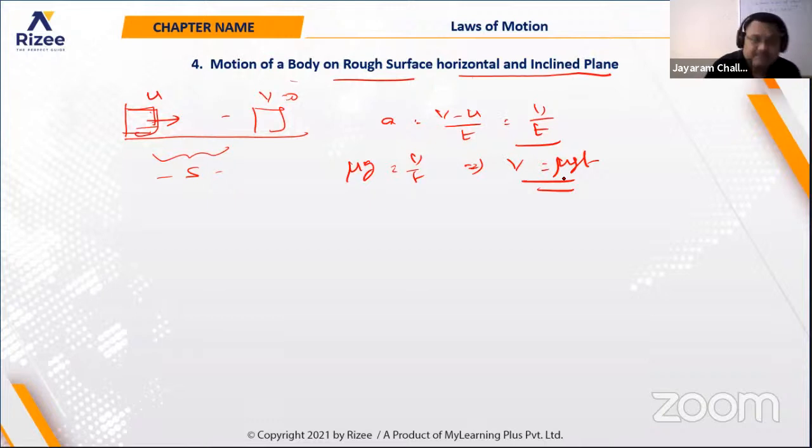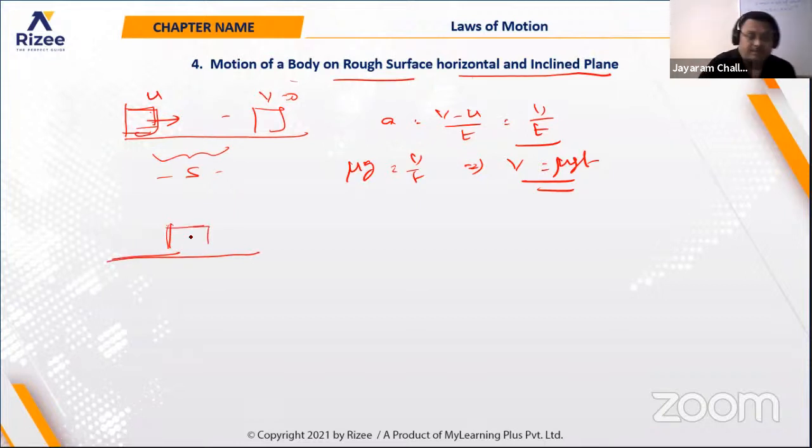Like this, if you want to find the velocity at any particular point, or the displacement or the time period, you can use these relations properly, please. Okay, so what is the minimum force required to move a block on a horizontal surface?